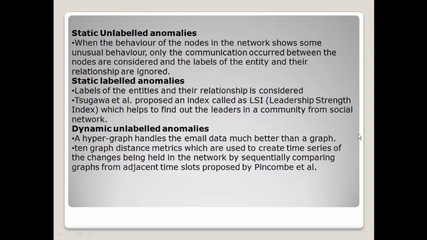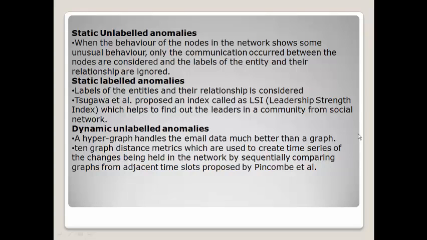Anomalies are of various types. We have static unlabeled anomalies, where a node's behavior in the network shows some unusual behavior, that is, some suspicious activities are going on in the network. Then only the communication occurring between the nodes is considered, not the labels of the entities and their relationships.